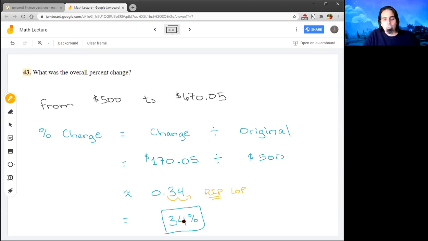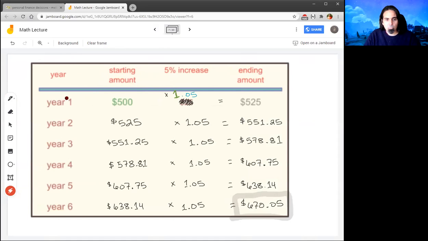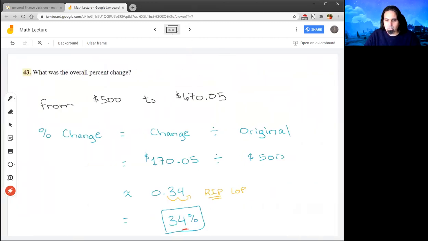Okay, that's kind of interesting, 34%. Now, we had a 5% change once, twice, 3, 4, 5, 6 times. 6 times 5 is 30. So it makes sense that a 30% increase happens because there were 6 5% increases. But where's the other 4 coming from? Why isn't this 30? How did we get up to 34?